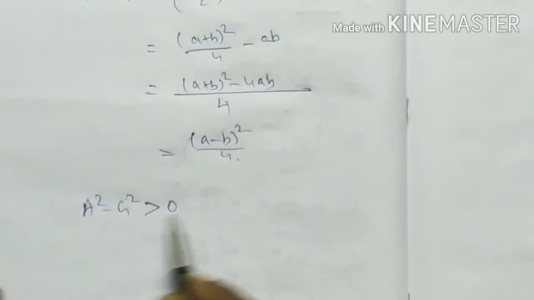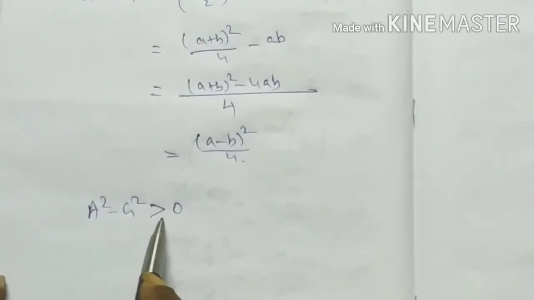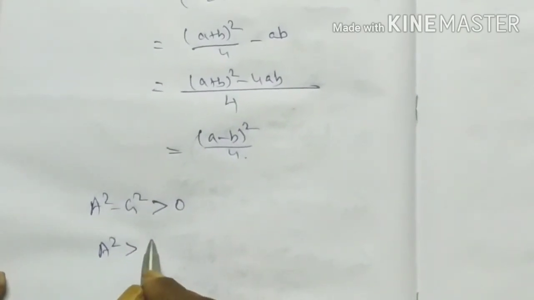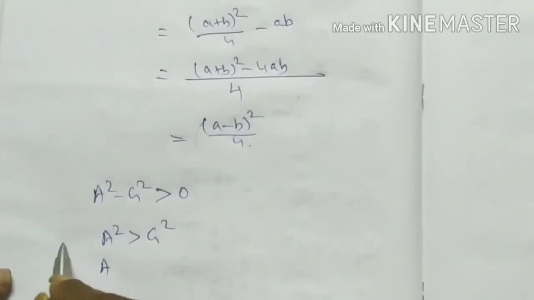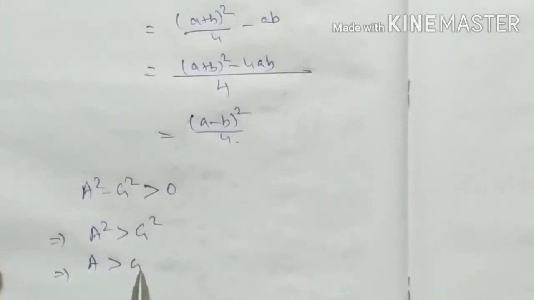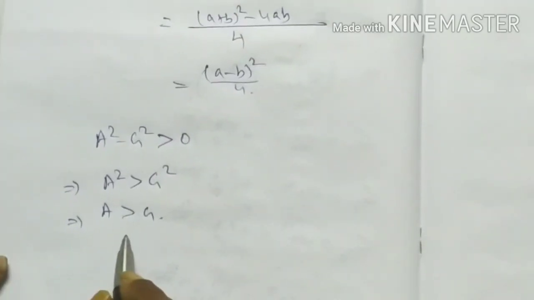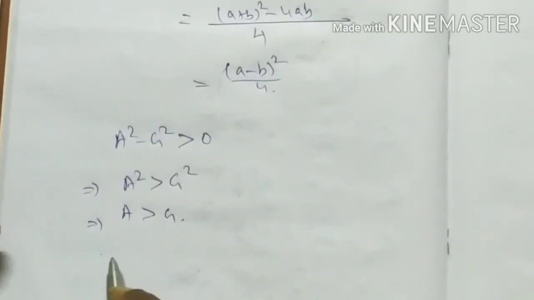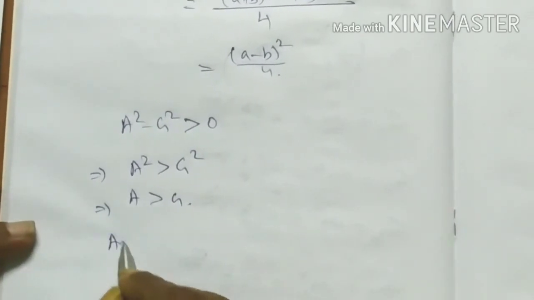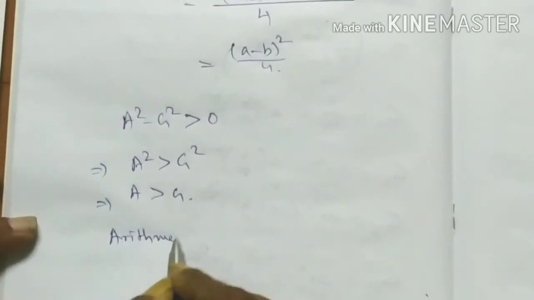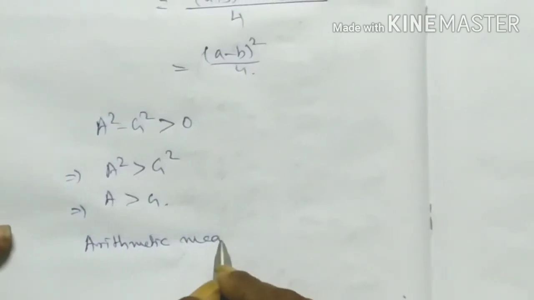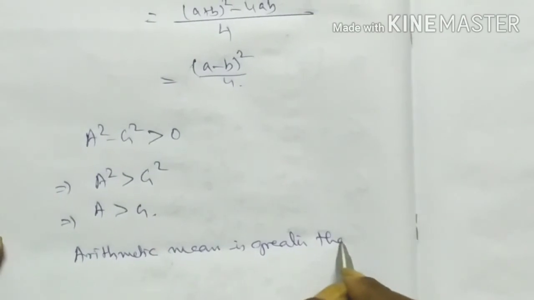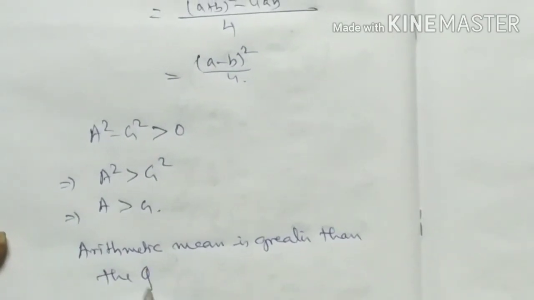So A square minus G square is greater than 0, so A square is greater than G square, so A is greater than G. That means the arithmetic mean is greater than the geometric mean. What we conclude is that the arithmetic mean is greater than the geometric mean.